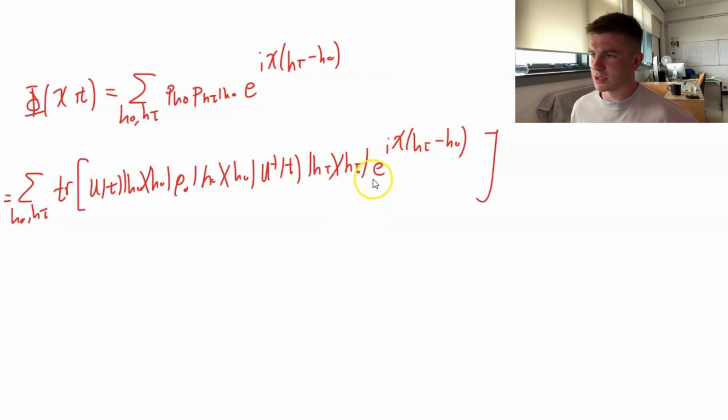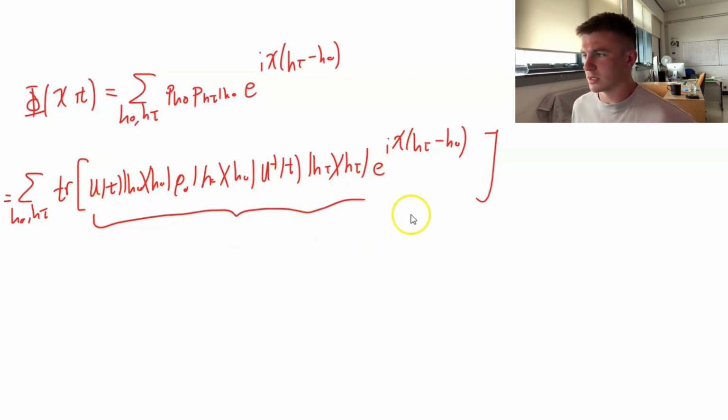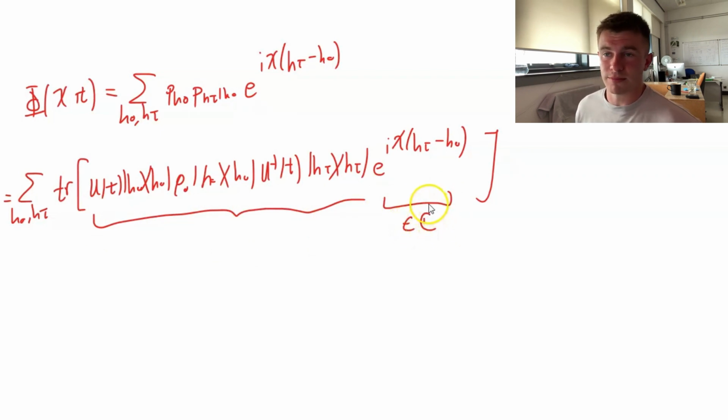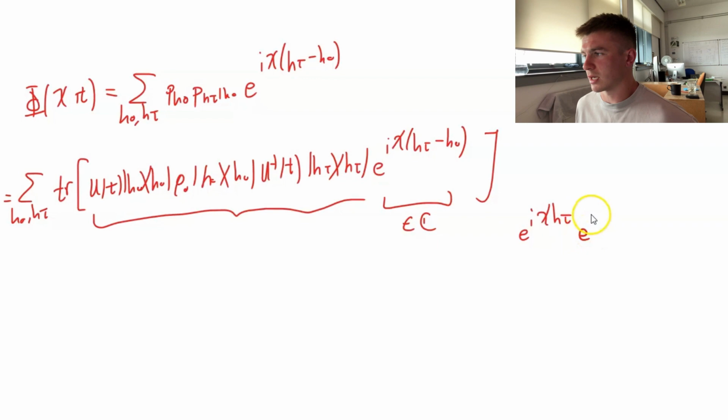So these are all operators here, and this here is a complex number. So this we can put anywhere. So let's break it up into e^{iχH_τ} and e^{−iχH_0}. And then let's rewrite our characteristic function in a different way.